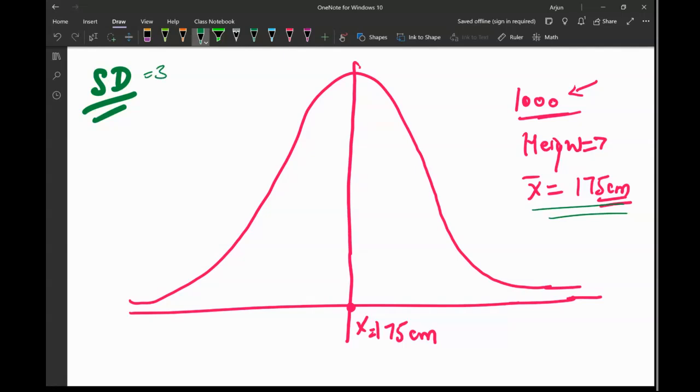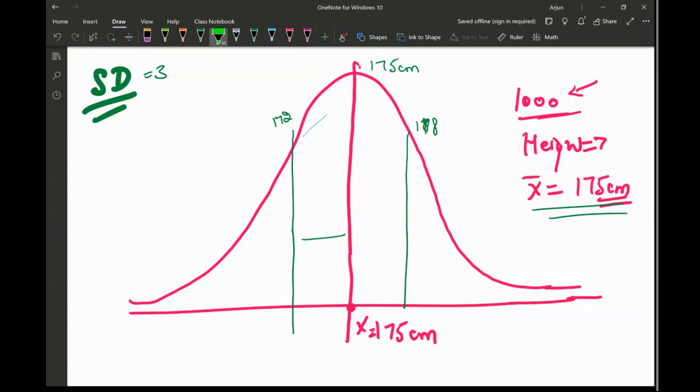Then I'm going to put one standard deviation to the left and one standard deviation to the right. So if this is 175 centimeters, one standard deviation to the left will be 172 centimeters. Here it will be 178 centimeters.